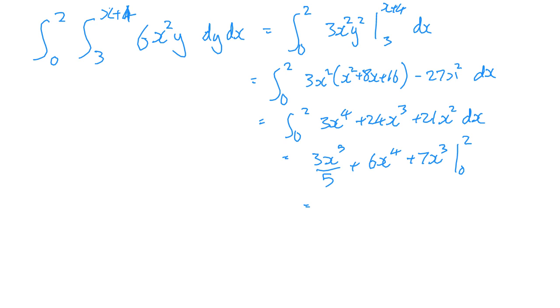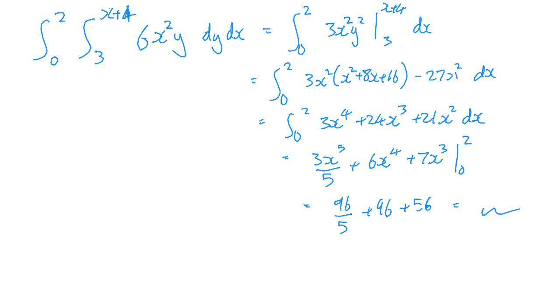So that's 3 times 32, so 96 over 5, plus 6 times 16, so 96, plus 7 times 8, oops, no, that'll be 56, minus 0, so whatever that is. I mean, this last bit is very trivial in terms of getting your head around the ideas. Does that make sense?